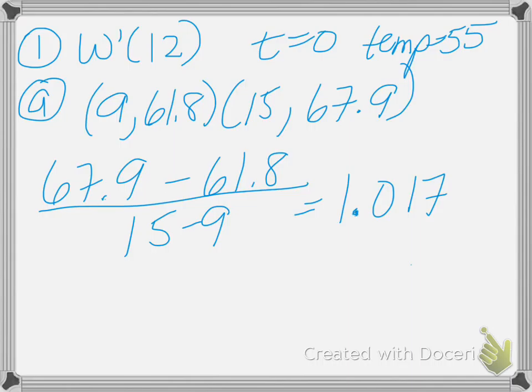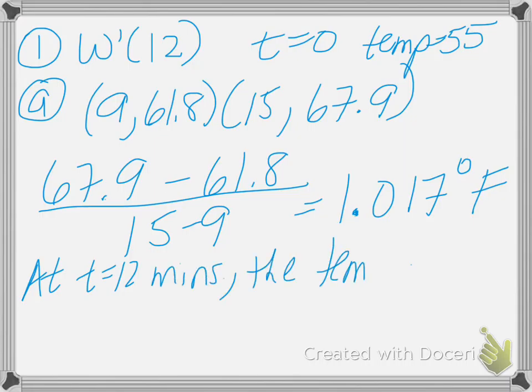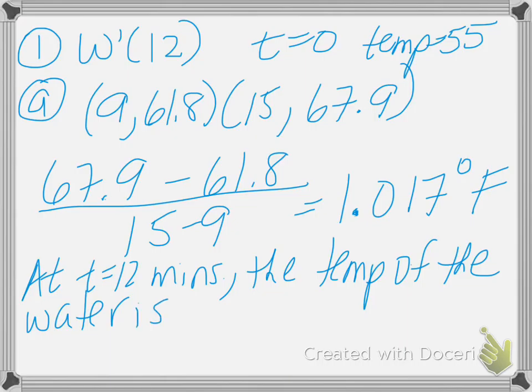The question says estimate W prime of 12 and show the computations that lead to your answer. We did that. Then use the correct units, so the units are going to be degrees Fahrenheit. Then interpret the meaning of your answer in the context of this problem. So you would say at T equals 12 minutes, the temperature of the water is changing.